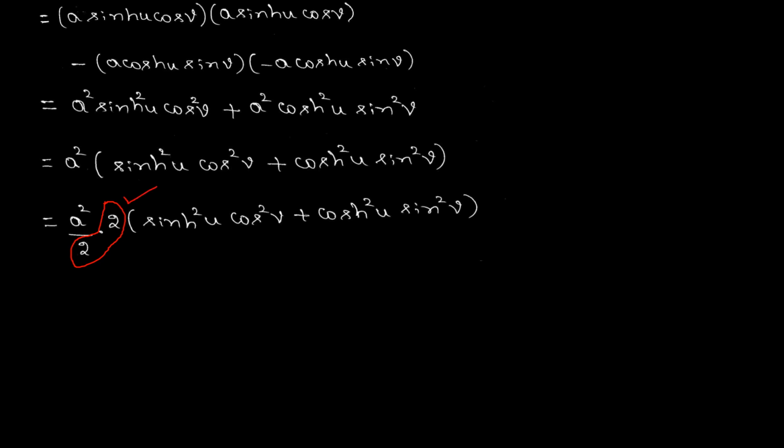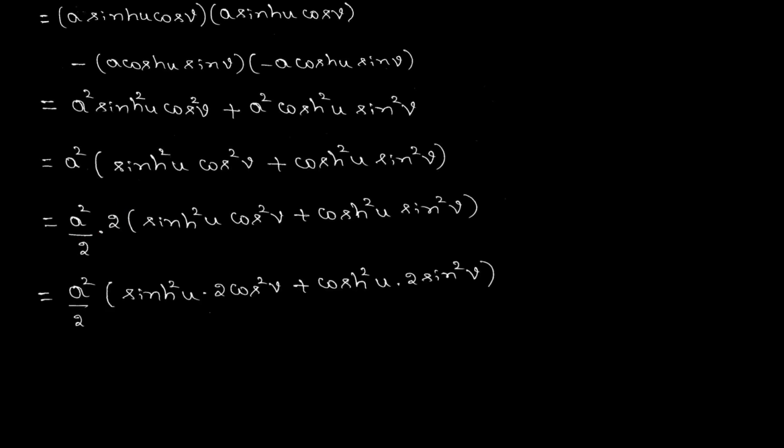We have applied this step here. We will take this 2 along with cos square v and we write like this, and this 2 will be multiplied again with sin square v to write like this.